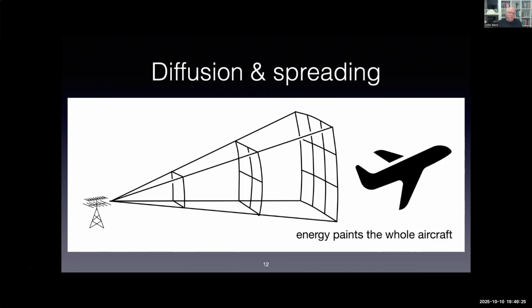The power density is weakened. But the point really is that the energy paints the whole aircraft. So we're not looking at a ray going up and a reflection and a ray going back down. Stop thinking of that. Think of the whole aircraft as painted with energy. The whole aircraft reflects. And that's perhaps the important point.